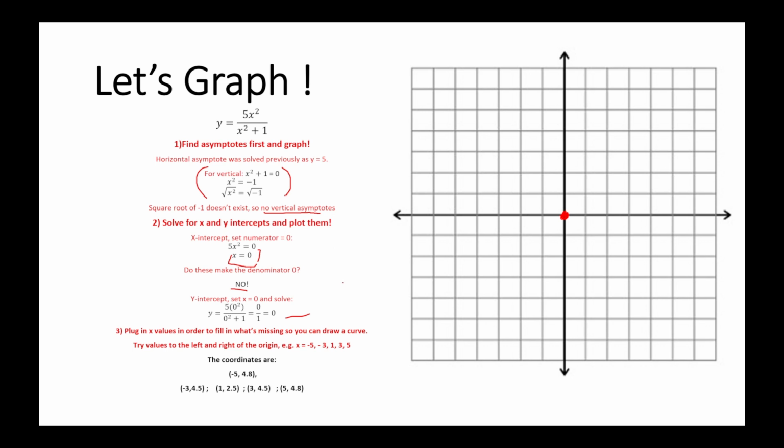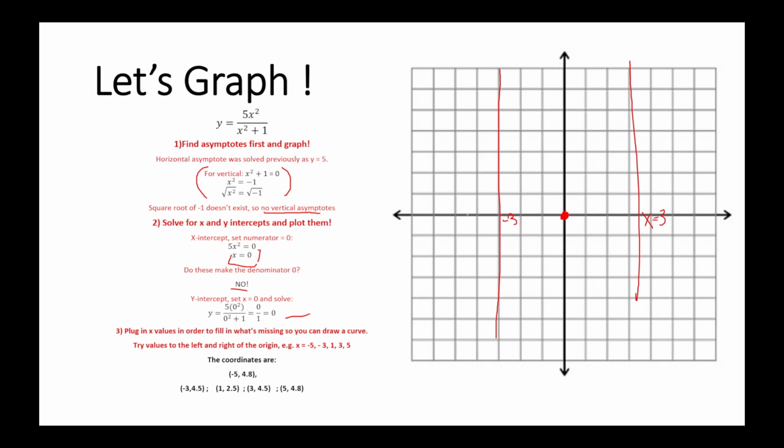The other thing that you want to do is plug random x values into our equation and solve for them, so you get a full graph. Choose maybe 2 numbers that are negative, 2 numbers or so that are positive. It'll also depend on what your asymptotes are. Let's say we had a vertical asymptote at x equals negative 3 and another at x equals 3.